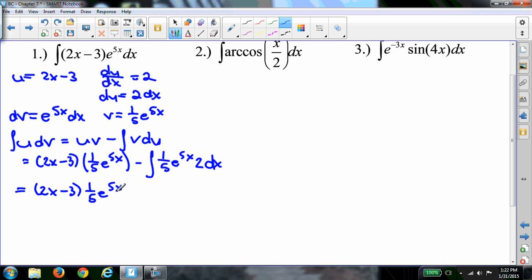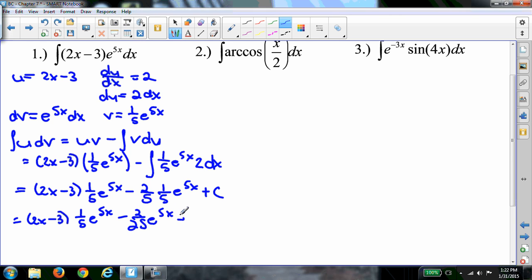The remaining integral is easier to solve because there's no polynomial in the way. So we have minus 2/5, which is our multiplier, and then integrating e to the 5x, you get 1/5 e to the 5x. And now we put in our plus c. So the final answer is 2x minus 3 times 1/5 e to the 5x minus 2 over 25 e to the 5x plus c.